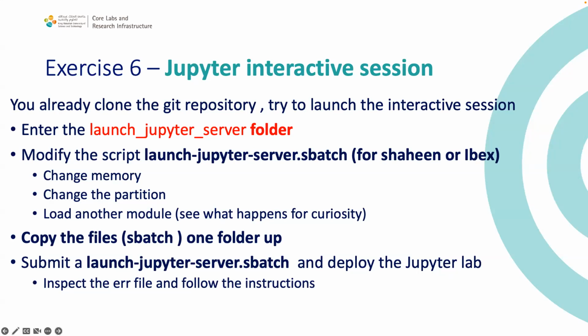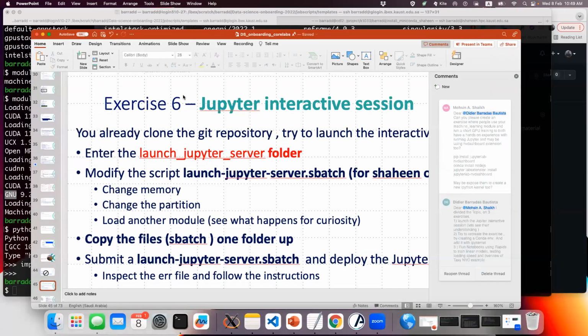You can change the memory, the partition, or your project, for example, and then launch it. But first, be aware that wherever you launch the sbatch is whatever you're going to see in the IDE, meaning that if you are not one folder up, you will see only whatever is in the folder you are launching from. I'll do that with you.